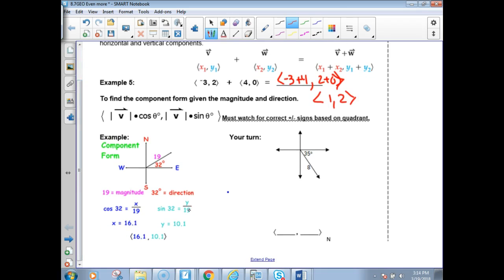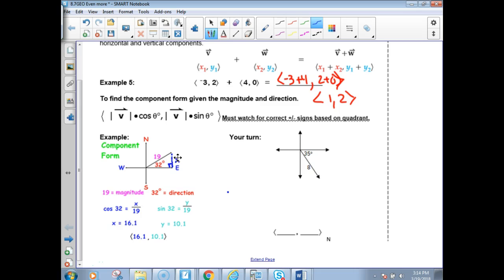There's an example already filled out for you, and I'll show you why it is what it is. When you have a vector drawn in a quadrant and you have an angle given, the magnitude of the vector would be on the hypotenuse, if you draw a perpendicular line down to the x-axis.